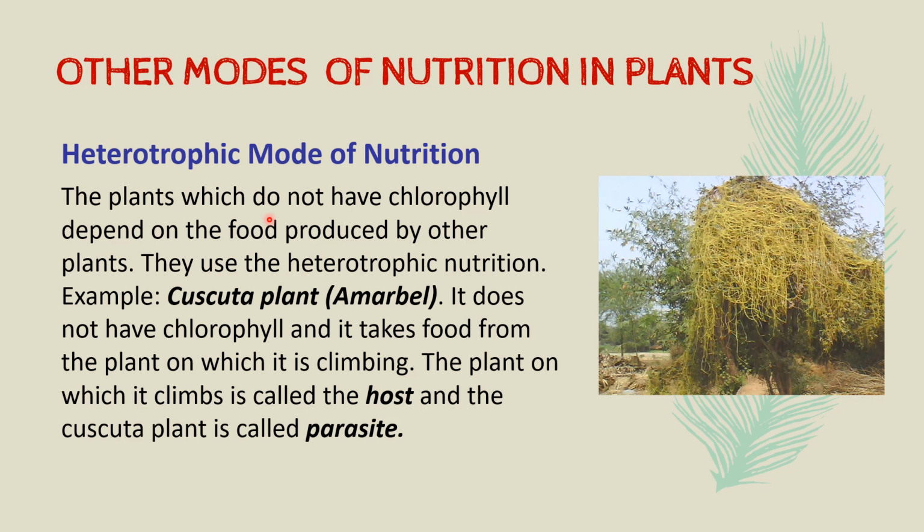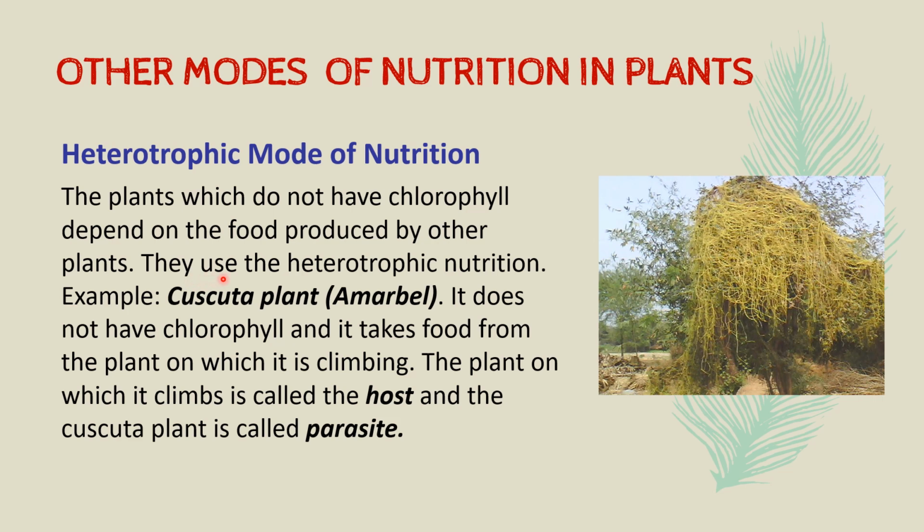The same way, these plants have no chlorophyll, so these plants depend upon other plants for food. I am reading the definition: the plants which do not have chlorophyll depend on the food produced by other plants.